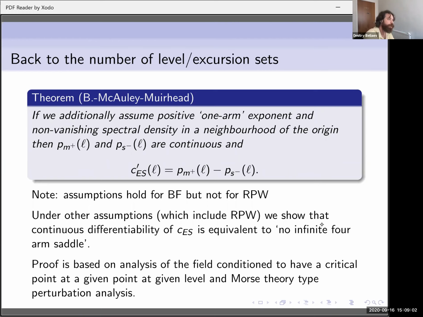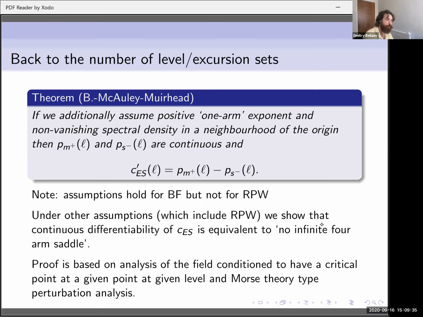Sometimes it's really hard to verify these assumptions, but actually they are not that bad, and it's easy to check that they hold for the Bargmann-Fock field. Unfortunately, they do not hold for random plane wave, because remember that its spectral measure is sitting on the unit circle, so it has no density near 0 at all.